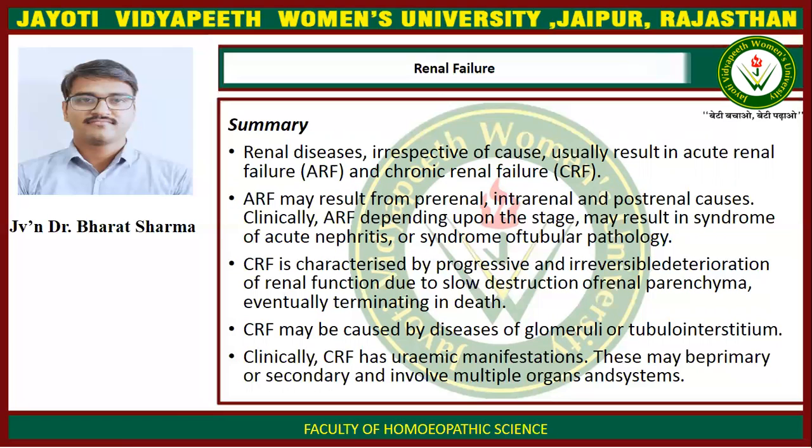Chronic renal failure is characterized by progressive and irreversible deterioration of renal function due to slow destruction of renal parenchyma, eventually terminating in death. Chronic renal failure may be caused by disease of glomeruli or tubulointerstitium. Clinically, CRF has uremic manifestation. These may be primary or secondary and involve multiple organ systems.